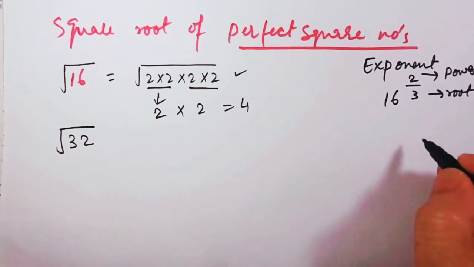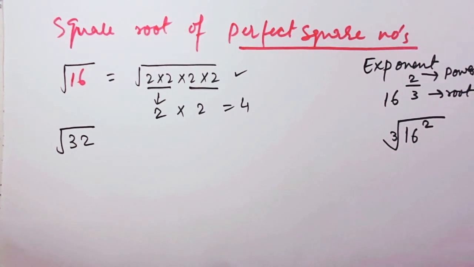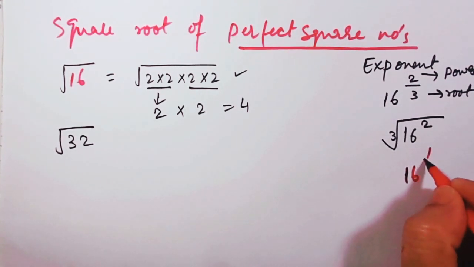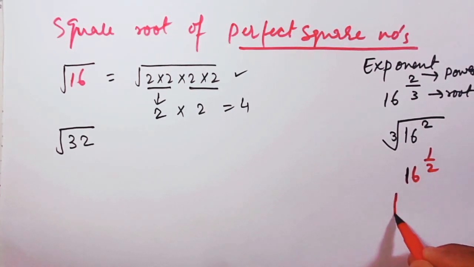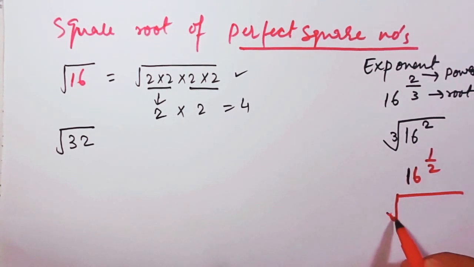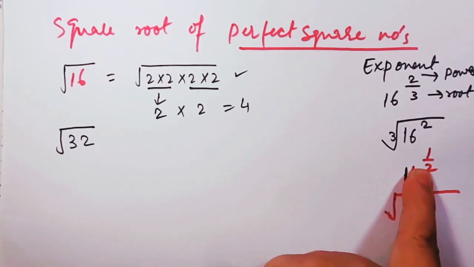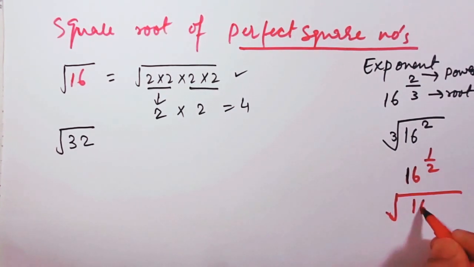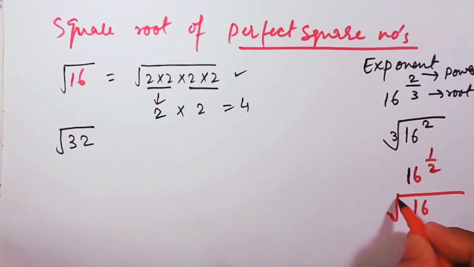So this can be written as the cube root of 16 squared. Similarly, if you have 16 to the power 1 by 2, then this particular 2 becomes your root. Actually, we do not write 2 over here. This is already understood.